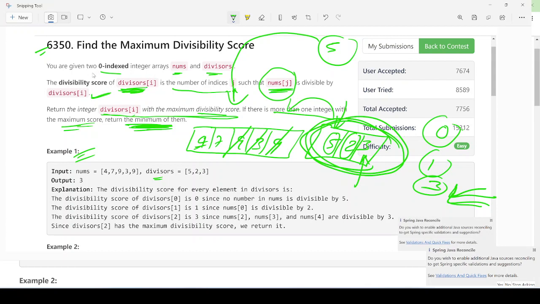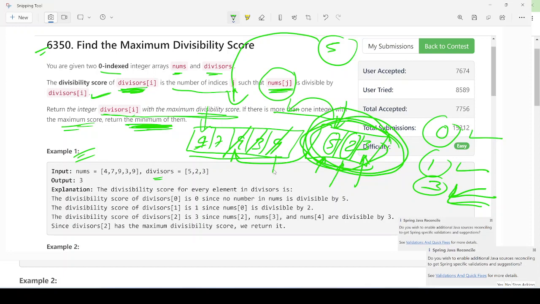So what we have to do is take these divisors one by one and divide the nums, and after dividing we count those numbers. First 5 comes, and 5 is not able to divide any of nums, so that is 0. Next 2 came, and 2 only divides 4, so that is 1.